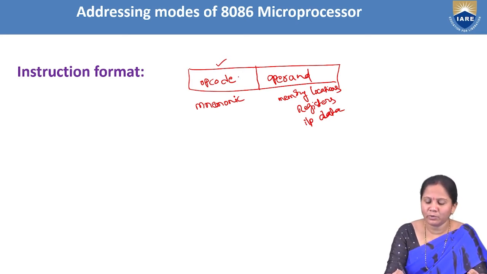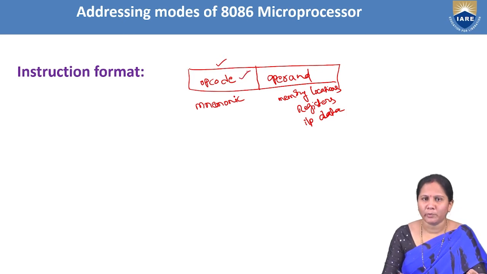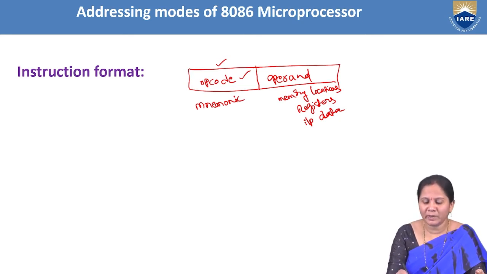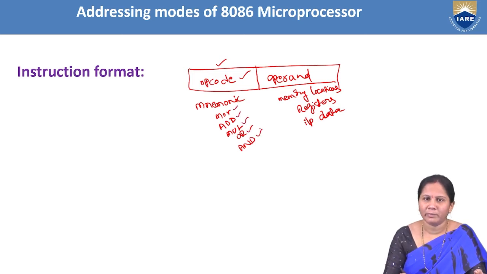First we have to know what is meant by opcode. Opcode indicates the type of operation that the processor is going to perform. Like suppose in place of this opcode, you can write move, or add, or mul, or and. So the opcode represents the type of operation that should be performed.